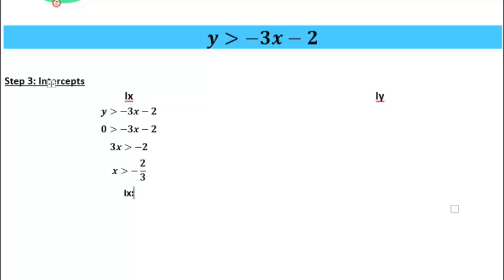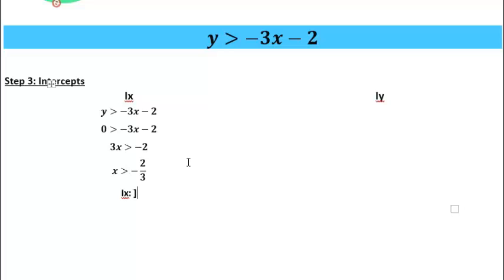And we're going to answer that the x-intercept is basically all of the x's greater than negative 2 over 3. If you checked how to solve linear inequalities, you know that we can write that in interval notation.